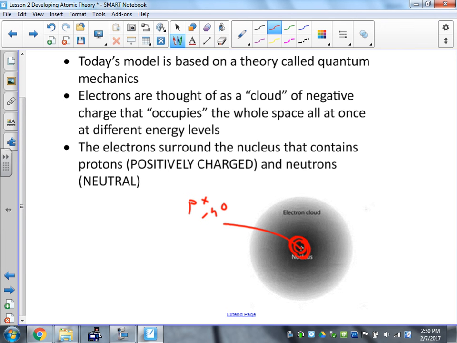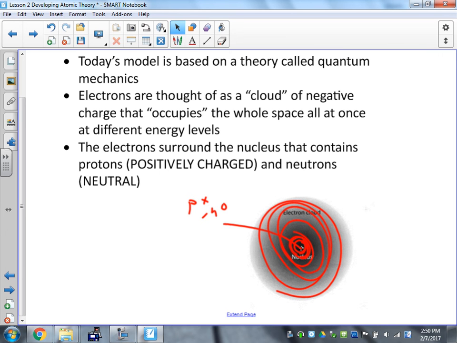They always fill up closest to the nucleus first. And then as you get farther and farther away from the nucleus, they're less and less likely to be found. So basically as you get farther and farther out, they kind of start to spread out a little bit farther, okay? But you would find the majority of the electrons closest to the nucleus. That's how they get filled up first. Okay, closest to the nucleus, and then they start to expand outwards.